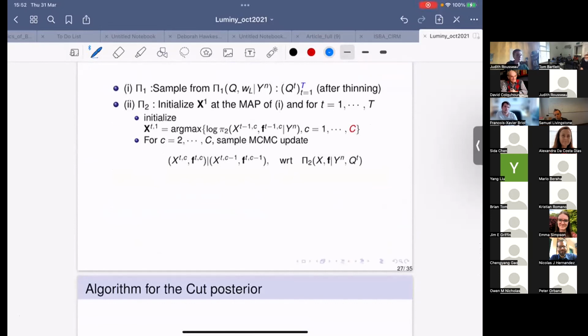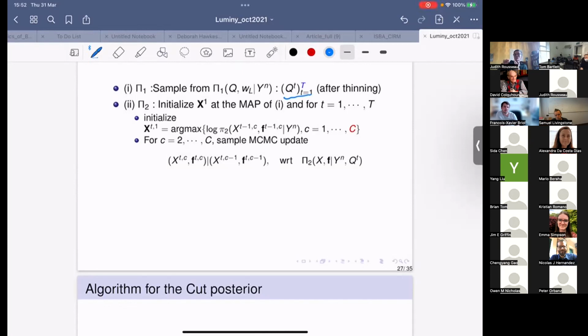So you have, after thinning, a sequence of Q from the posterior distribution on pi1. And now for each Q, you need to simulate from the stationary distribution of F given Q and Y, which means you need to run a mini chain each time for each Q to make sure that the F that you're getting comes from that stationary distribution.